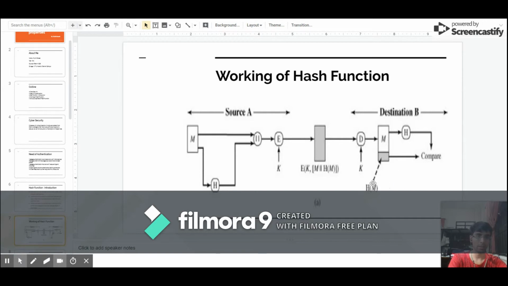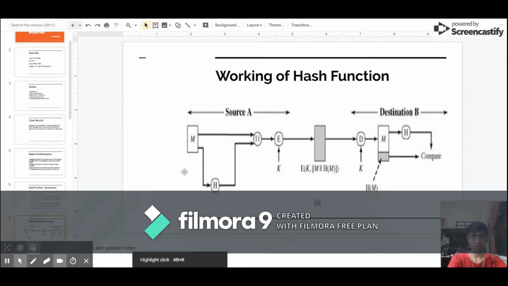If both are equal, then we say that both messages are correct, and the message has come from the alleged source, meaning the message came from A. If not, then it will be discarded, and we will tell A that there may be some problem with the connection, and then we will send a new message.